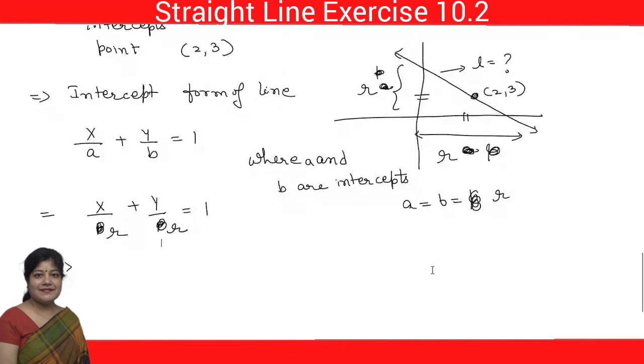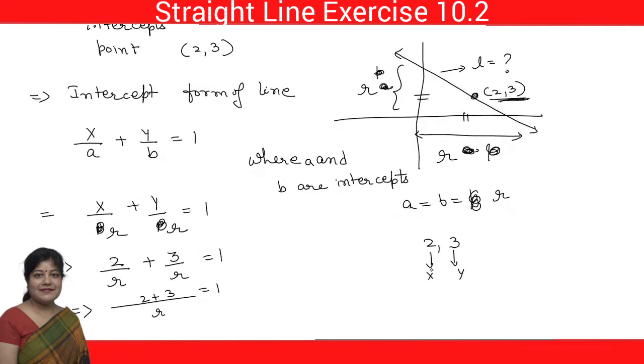Now this line passes through the point 2, 3. So 2 and 3, this is x and this is y. I put these two values here: 2 by r plus 3 by r is equal to 1. Now I take the LCM. That is 5 is equal to r. Understood?